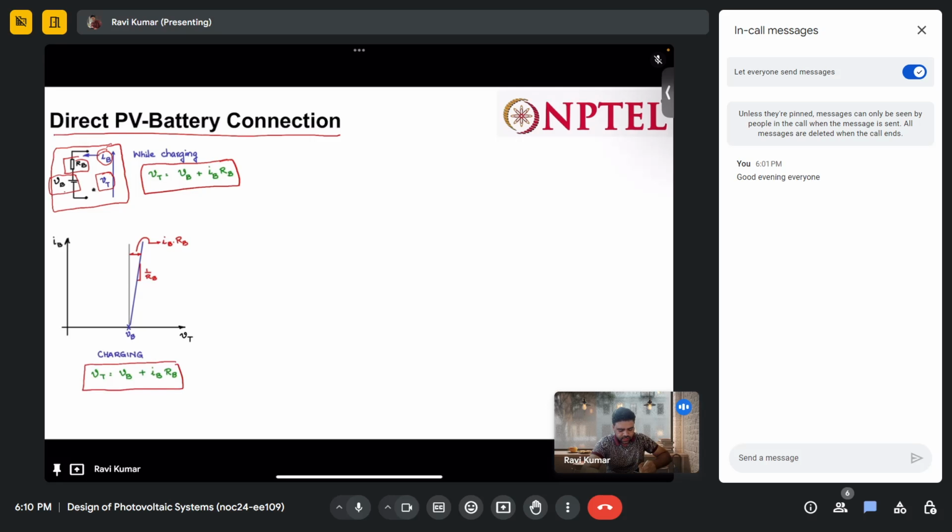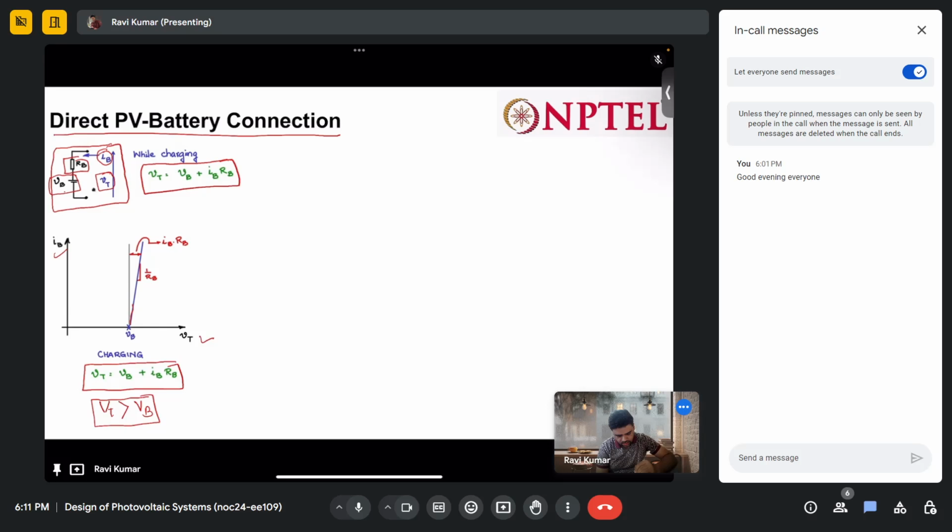This is our voltage axis, this is our current axis, and this VT is the terminal voltage of the battery. This VT is greater than VB because we have VB plus IB into RB equals VT. So in this case our characteristics will look like this.